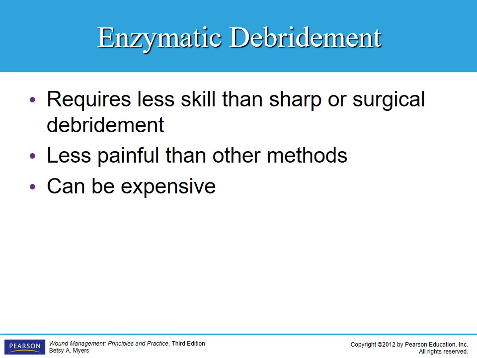The enzymatic debriders and the FDA tend to kind of go in circles, so at any given time, you have to find out what's on the market as far as an enzymatic debrider that you can use. But it can be expensive because, again, these topicals are pretty expensive to use, and it may take a period of time so that you're using a lot of that enzymatic debrider.